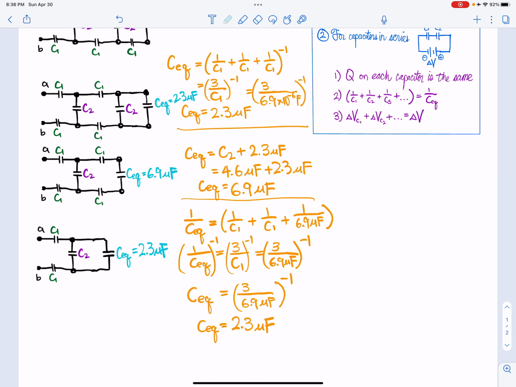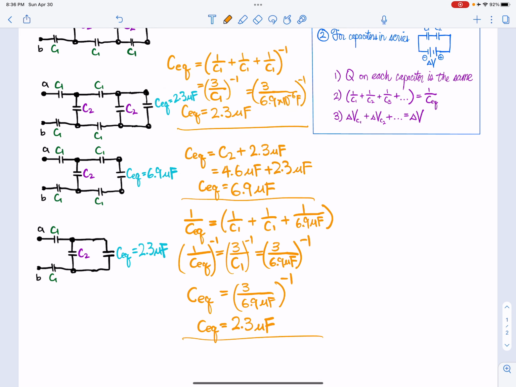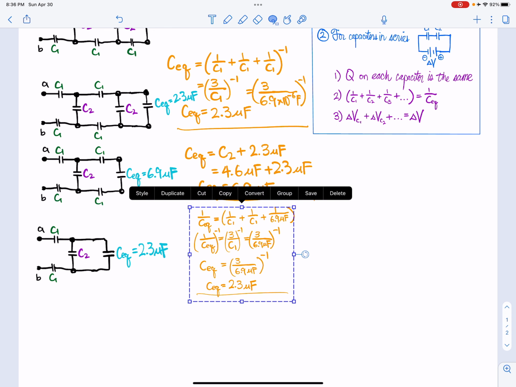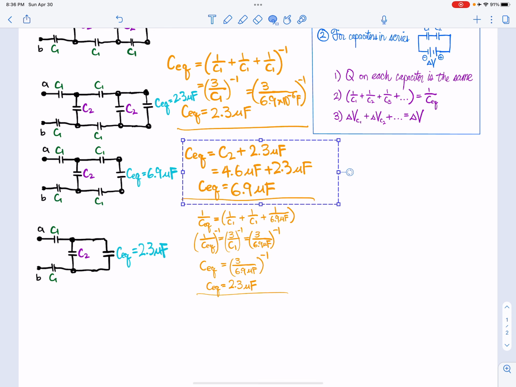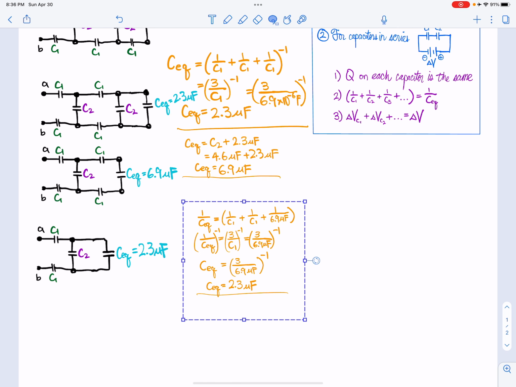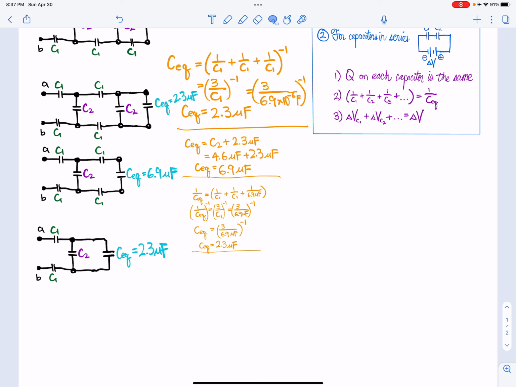And now to get to the next step, let me just make this a little smaller so we have more space.